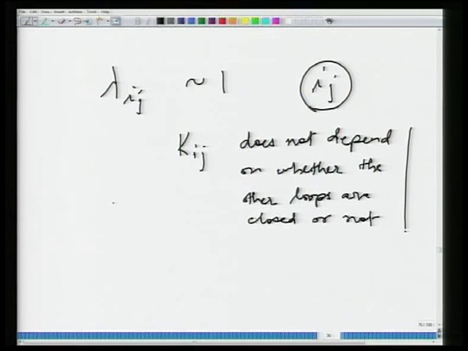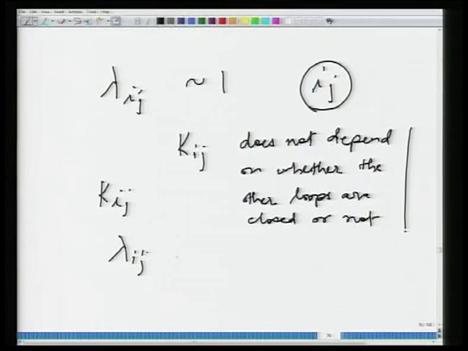The gain that I see, k ij, is in some sense independent of the state of the other loops. So, relative gains close to 1 imply, let us just call it favorable interaction. It does not imply no interaction, but that the interaction is relatively mild and therefore, we call it favorable interaction.